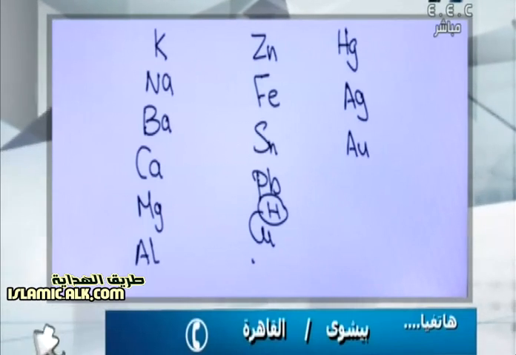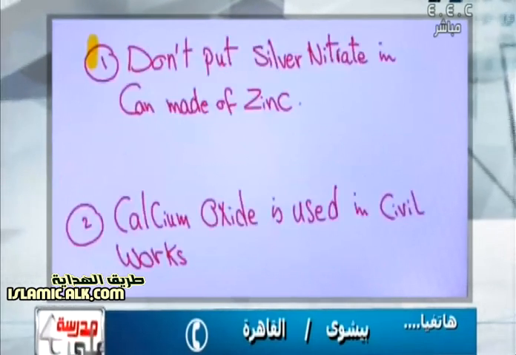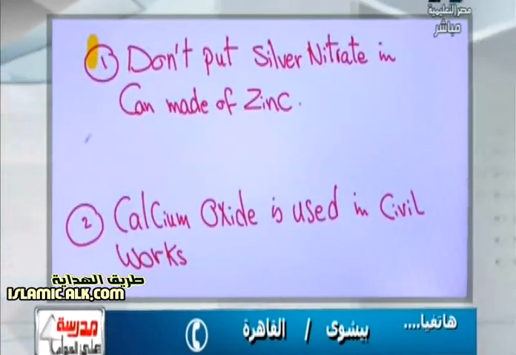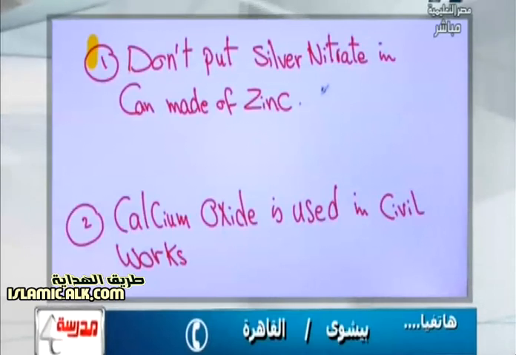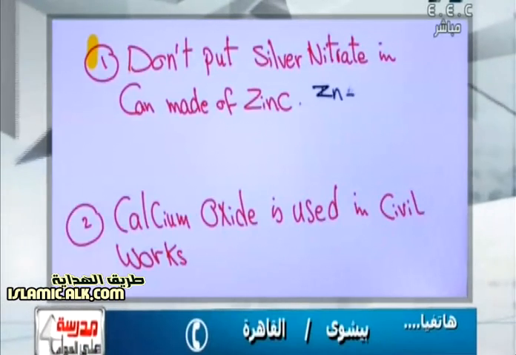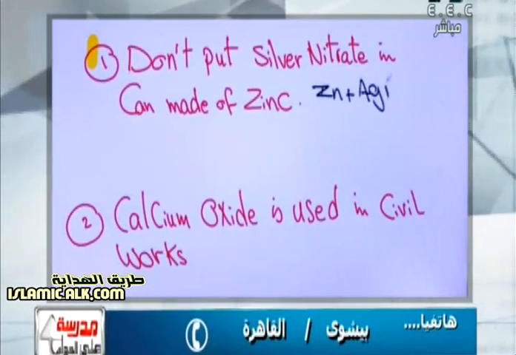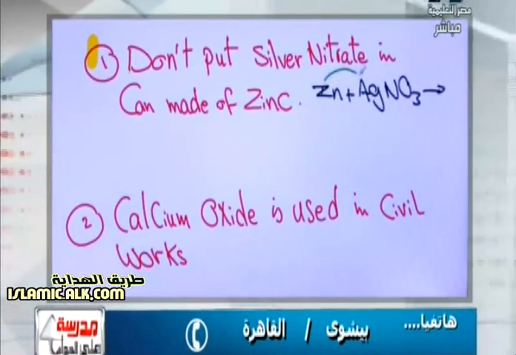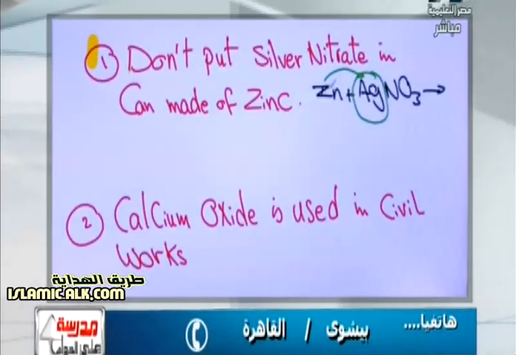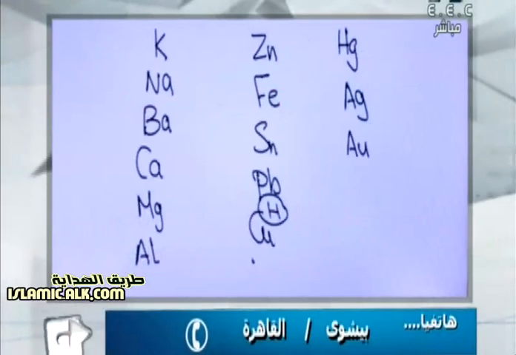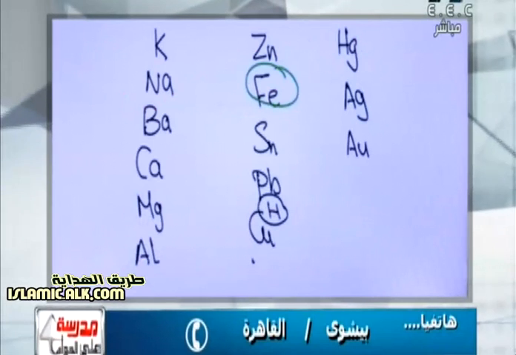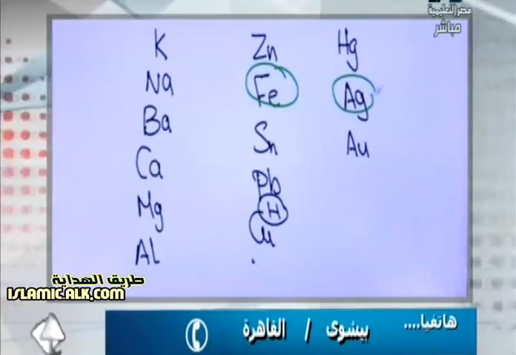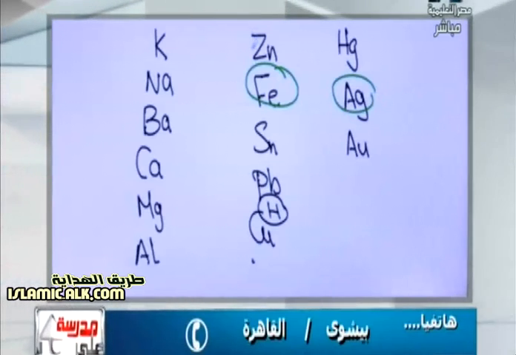What does the question say? Don't put silver nitrate in can made of zinc. In silver nitrate we have Ag, and here is Zn plus AgNO3. Zinc is more active than what? Than silver. Stronger than it. So we can't put silver nitrate in a container made of zinc.